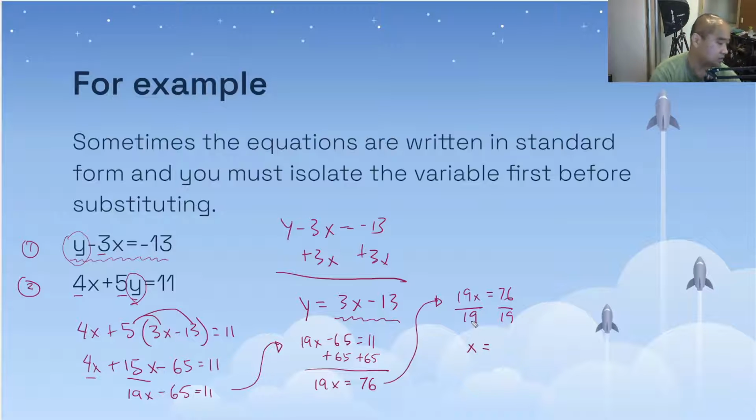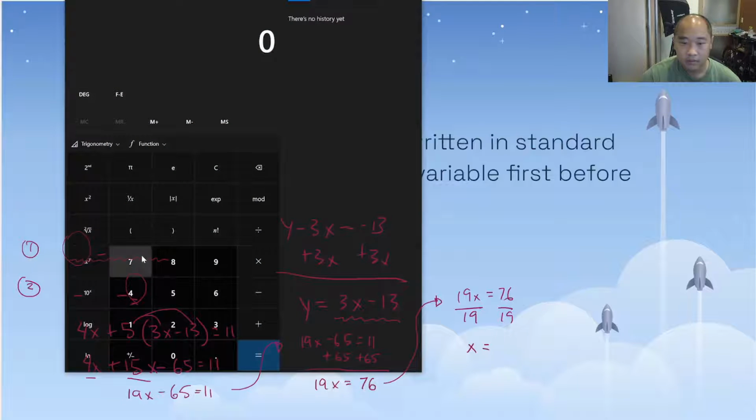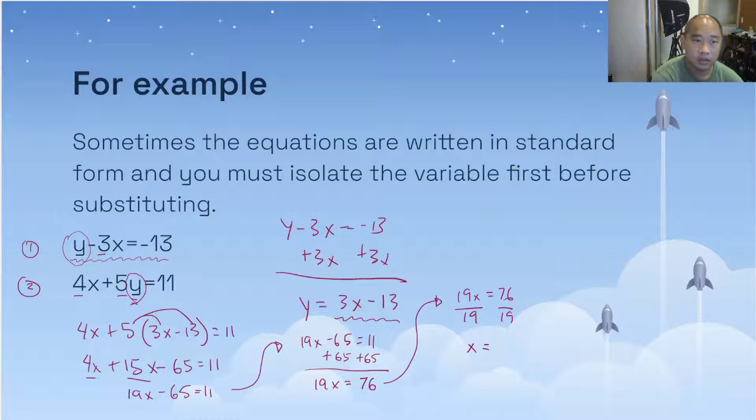Let's see, I'm just going to get my calculator out for this. 76 divided by 19 is 4. So x equals 4.